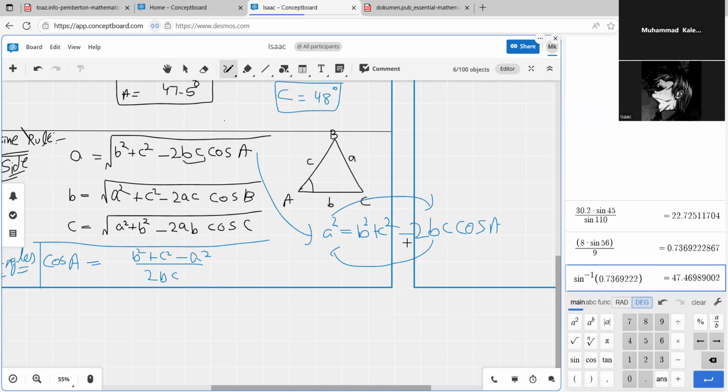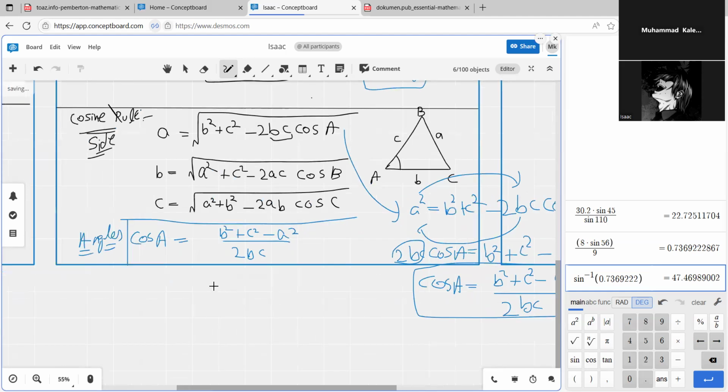When I move this whole thing to this side, it turns positive, so it will be 2bc cos A is equal to b square plus c square at the same place, and a square will be in negative. Then just move this 2bc to the other side, where it will be in division. Cos A is equal to b square plus c square minus a square over 2bc. Do you understand it? So this is the formula.